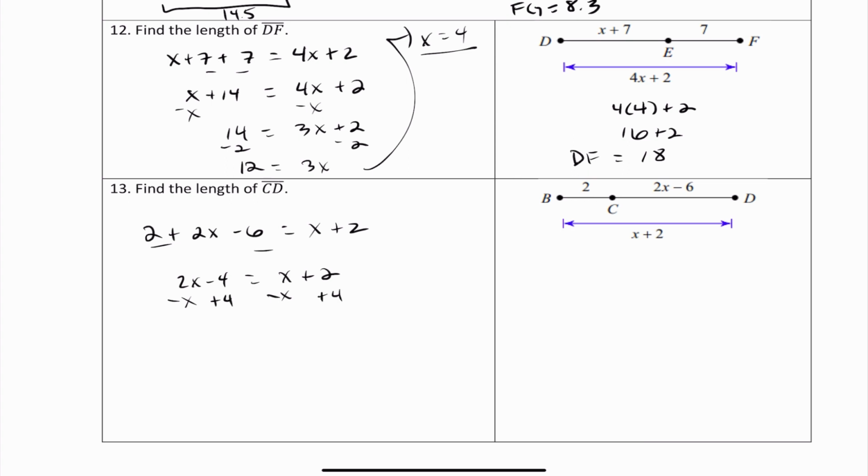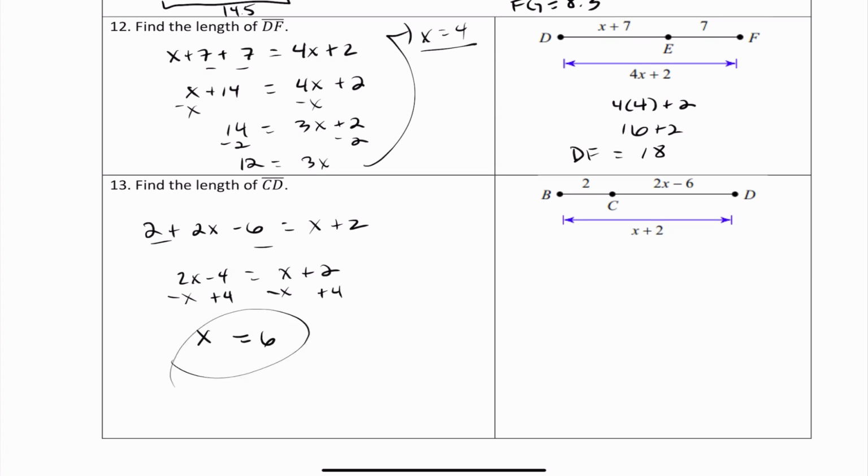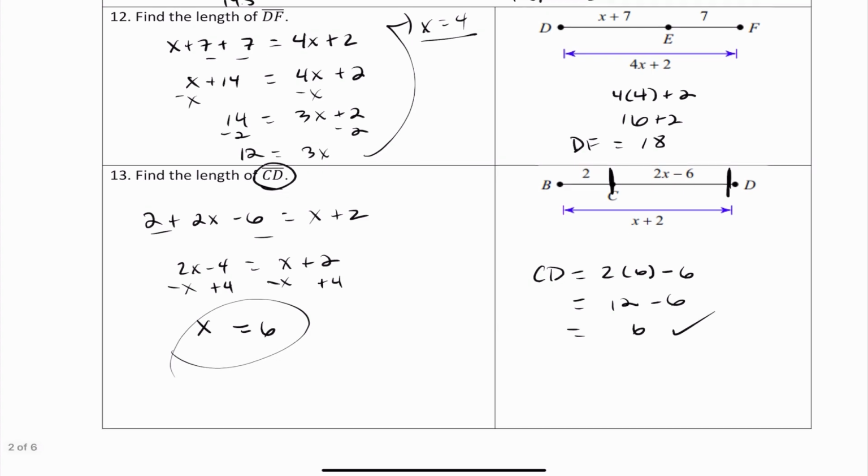So I am going to get what? X equals 6. So if x is equal to 6, and I'm looking for the length of CD, so CD is 2 times 6 minus 6, so 12 minus 6 is 6. Okay? So I just found the length of CD.